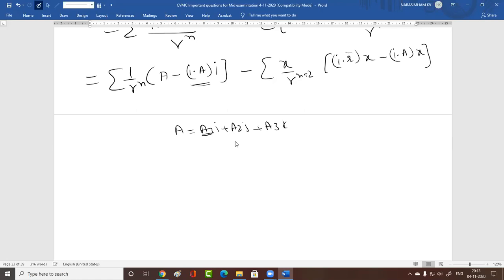So the first term is 1 by R power n into A minus A1 into i. Okay. Now here sigma 1 by R power n plus 2 into x square into i dot R bar. Right. x, i dot R bar, where R bar equals x i plus y j plus z k. Somewhere it is wrong.